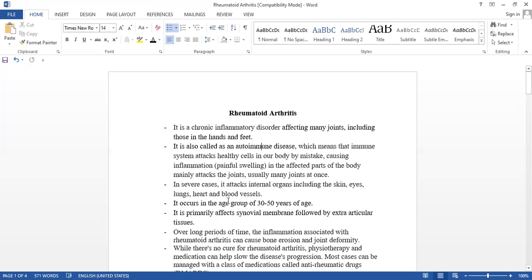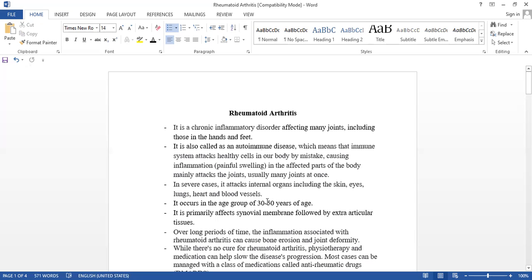Okay. In severe cases, it attacks the internal organs also, not only the joints, but also the internal organs, that is the eyes, lungs, heart, blood vessels. Okay, in severe cases. It occurs in the age group of 30 to 50 years of age.